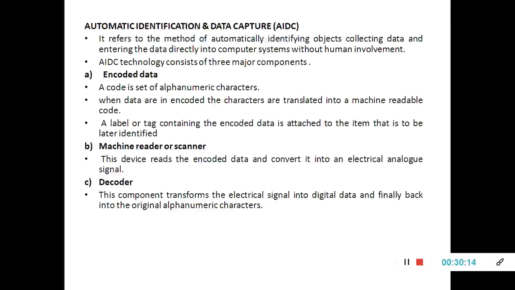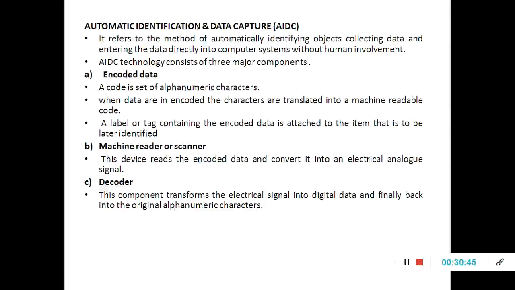The same automatic identification and data capture, AIDC, is also used in manufacturing industries. Here the different components are encoded. Let us consider you are producing 10 components. These 10 components are encoded with alphanumeric characters, and those alphanumeric characters are translated into a machine readable code, and that tag is stuck on the particular product.